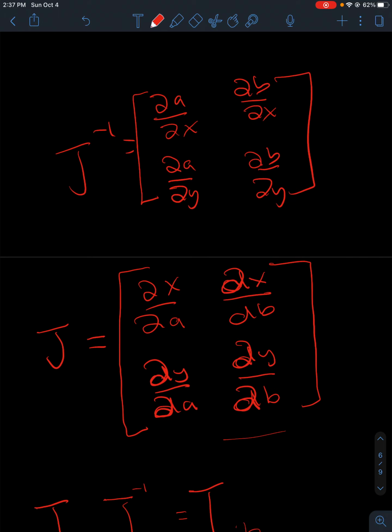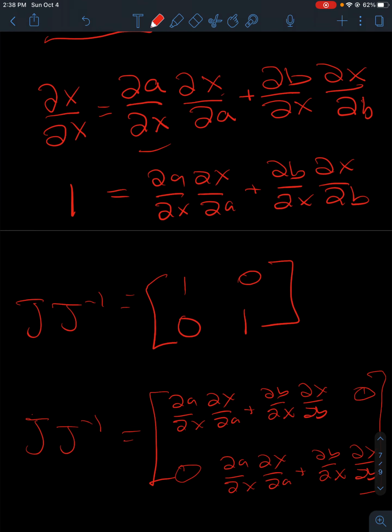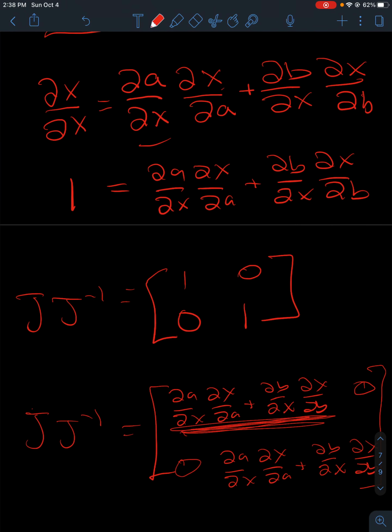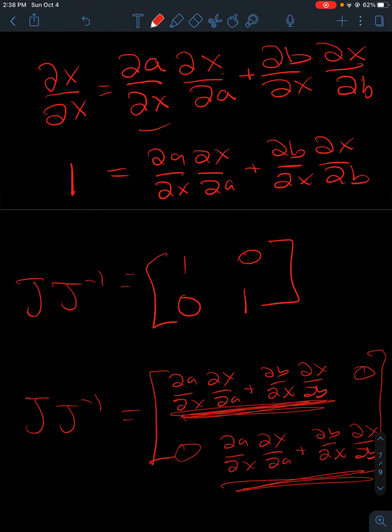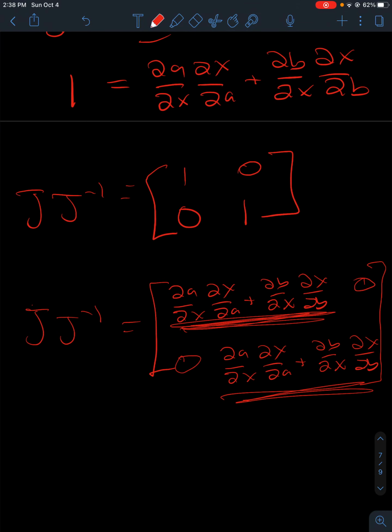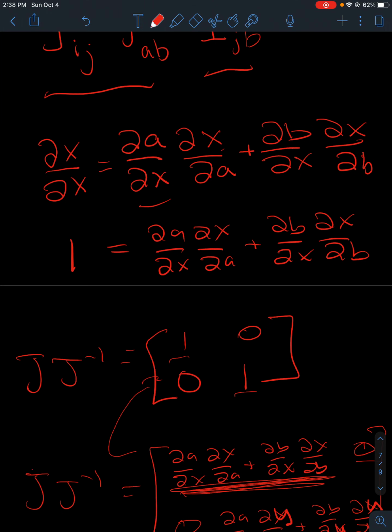When we actually multiply these things out, you would get this for the first term, and you'd get this with y's instead for the bottom right term, and zeros elsewhere. So if you just multiply both matrices out, you'd get expressions that would equal 1, 1.